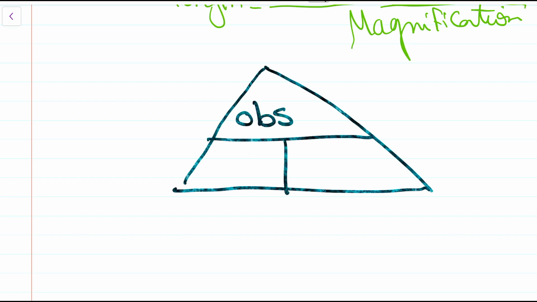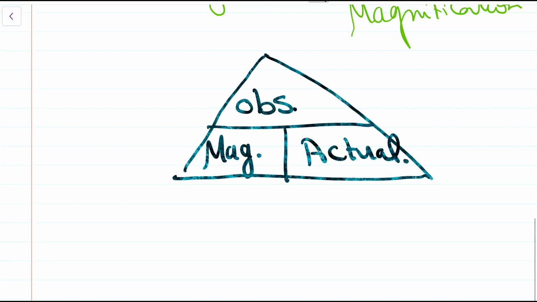Here we have the observed length, we have the magnification on this side, and we have the actual length.